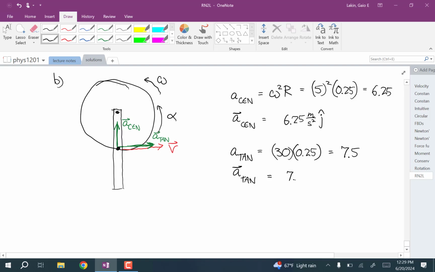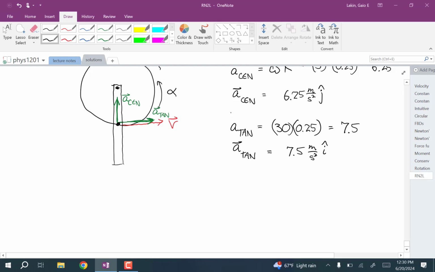So this is 7.5 meters per second squared i. And that means that the total acceleration is just the sum of those parts, which is 7.5 meters per second squared i plus 6.25 meters per second squared j.